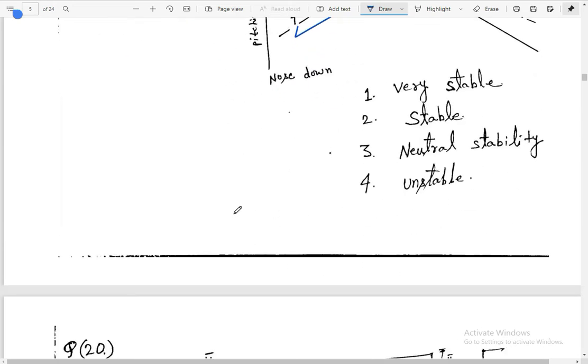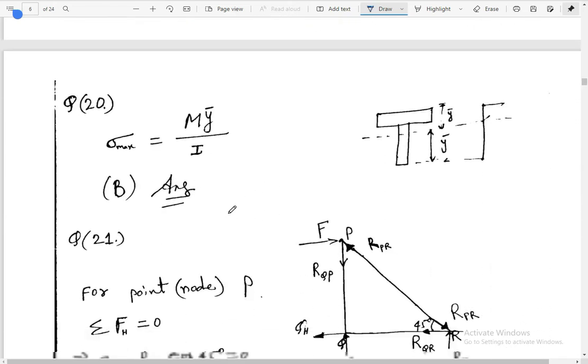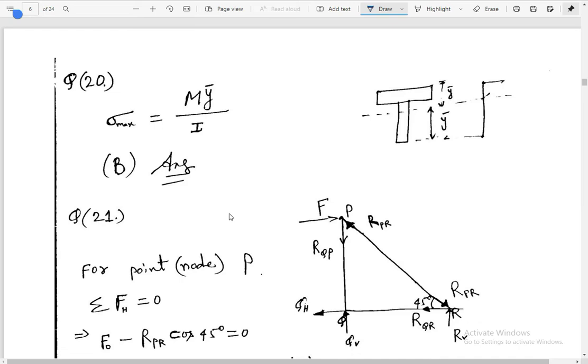For question number 20, we have the maximum bending stress formula, M y bar divided by I. So this is the y bar, and here you can see this is the stress formula.